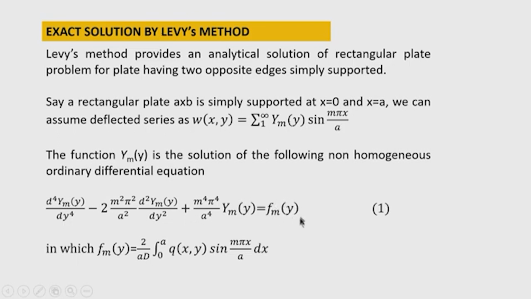How this function is produced can be understood when I substitute this function into the original differential equation, multiply both sides by sin(m'πx/a), and then use the orthogonality condition of the sine function. We arrive at this differential equation with a non-homogeneous term, which becomes a function of y.